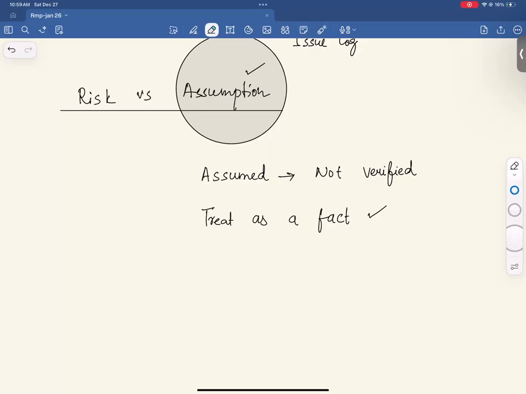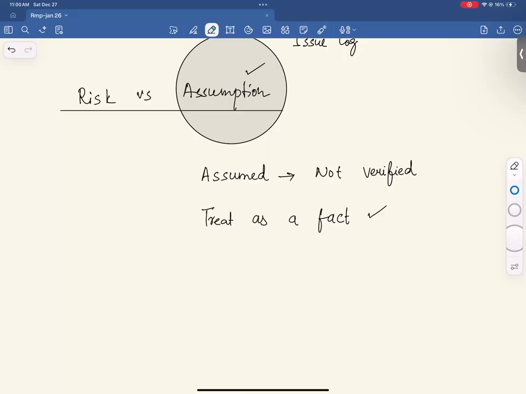So an assumption can be a risk if you have got some verified facts about the assumption. It can be converted into risk. Otherwise, it remains as an assumption with certain unverified facts. Right.